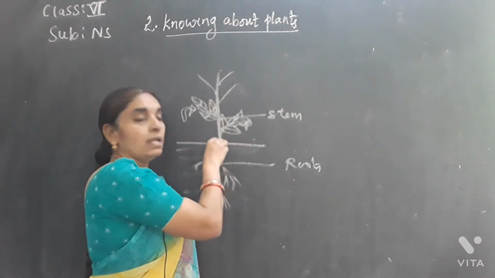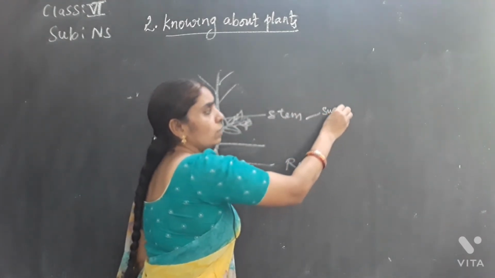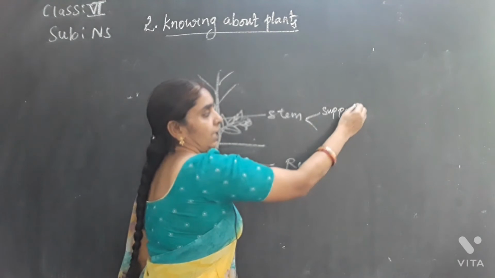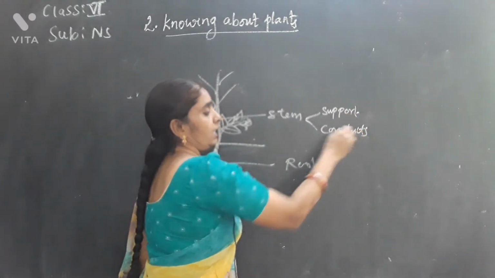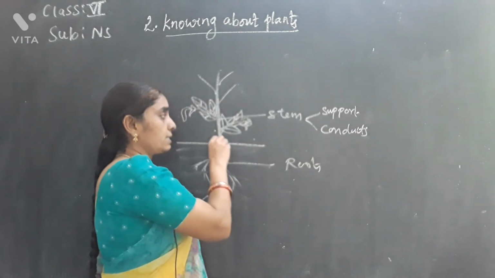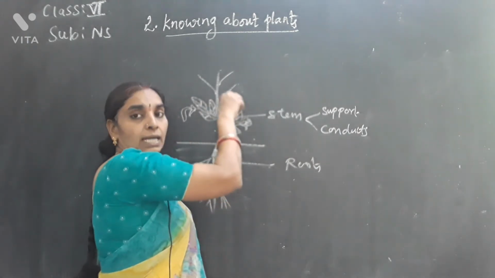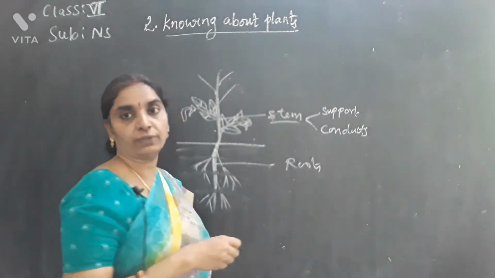So this is the main stem which gives support, and it also conducts the water and food material that is absorbed by the roots from the soil. It is conducted to all the other parts of the plant by the stem itself. Is it clear?